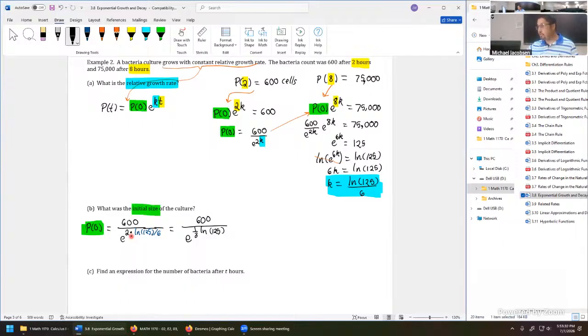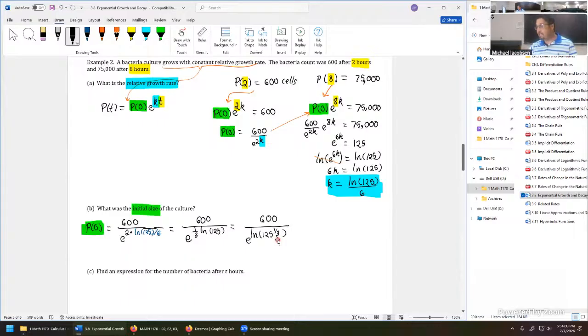So after reducing those, we still cannot cancel base e of the natural log until we move that exponent out of its position. But by properties of logarithms, that 1/3 goes right here as an exponent on the 125. So this becomes 600 divided by e to the power natural log 125 to the power 1/3.